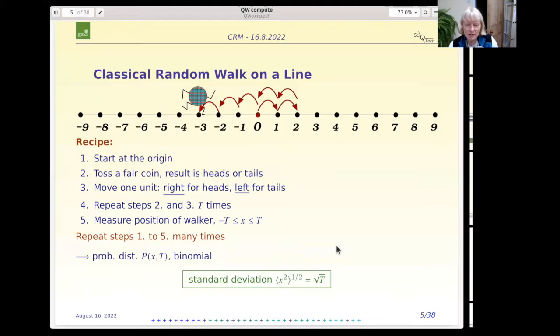So here is a basic definition of a classical random walk on a line. And I've done it in what I've called a recipe. I've done an algorithm for it rather than the equations for it, because I want to make clear what it is to have an algorithm rather than just write an equation.